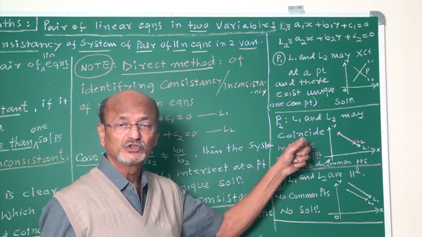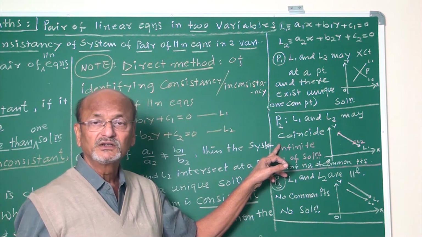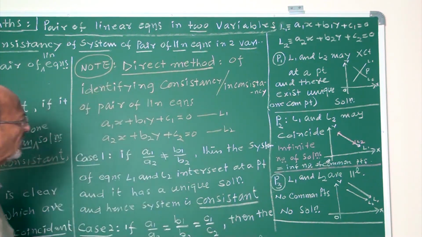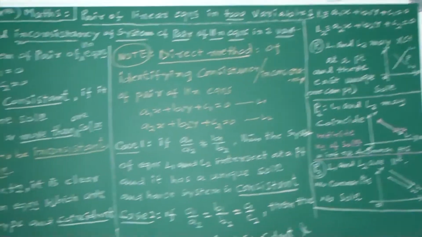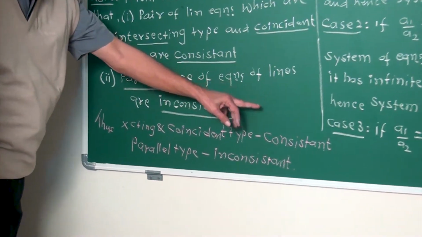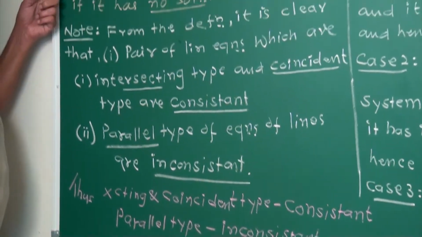Therefore, even the coincident type of equations is said to be consistent. I have written it here. Thus, intersecting and coincident types of equations are consistent.